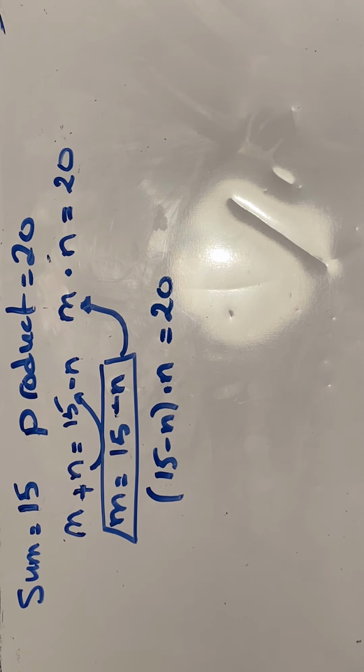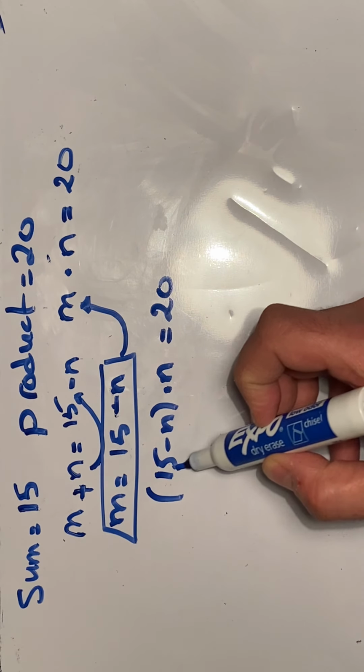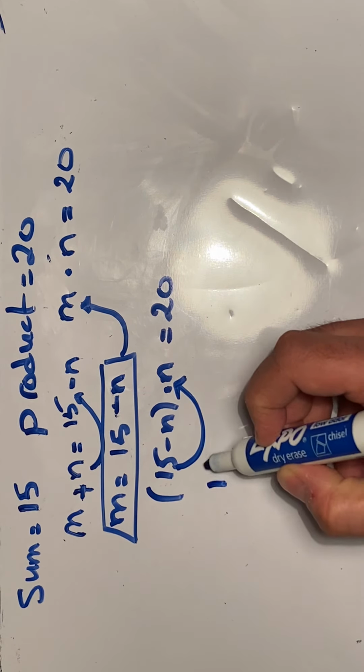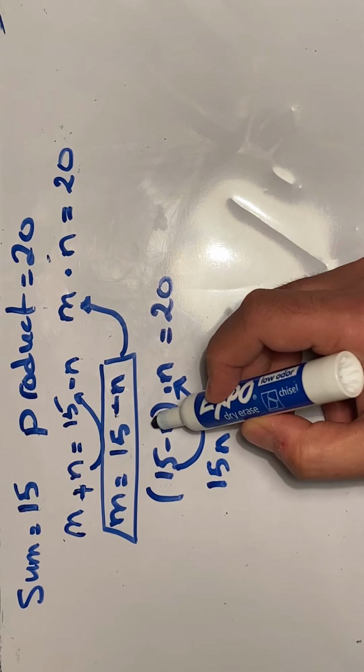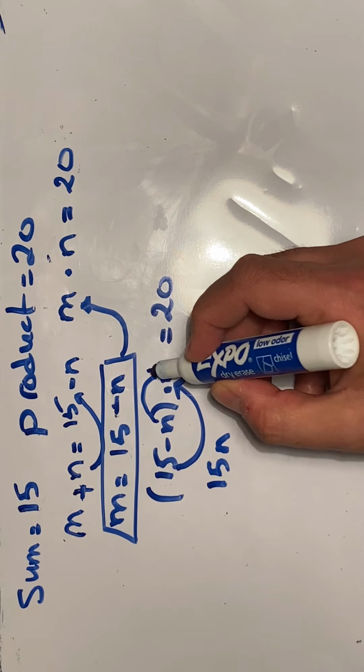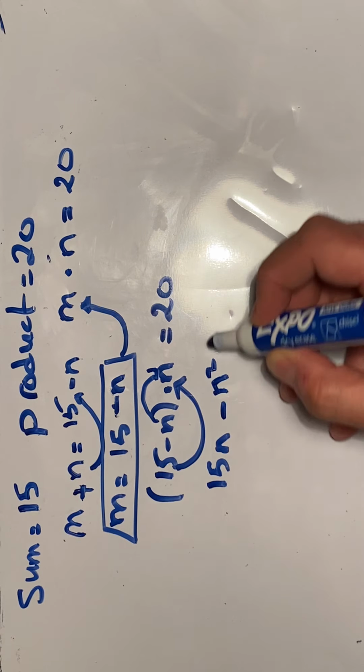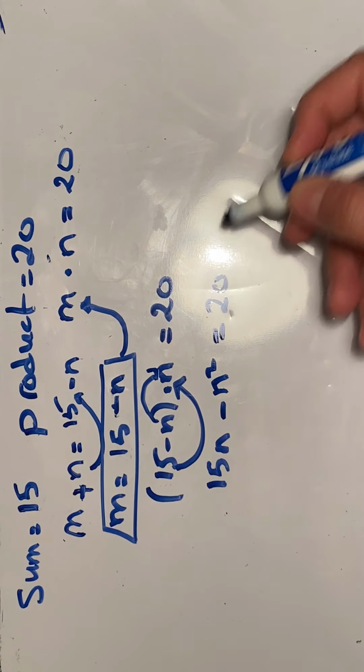Now I get myself one equation with one variable. Now let's FOIL, expand. So 15 times n is 15n. Negative n times n is negative n squared, equals 20.